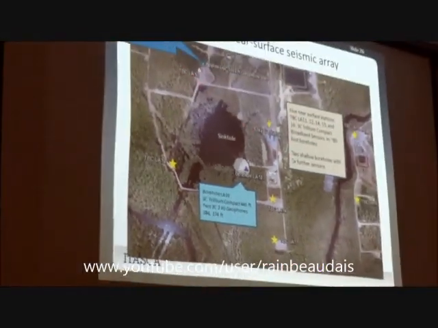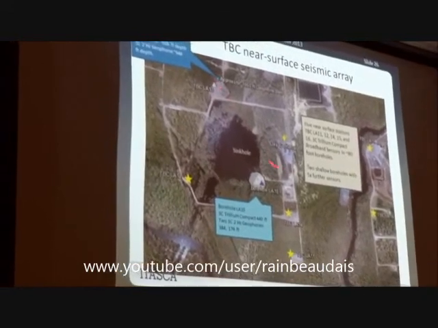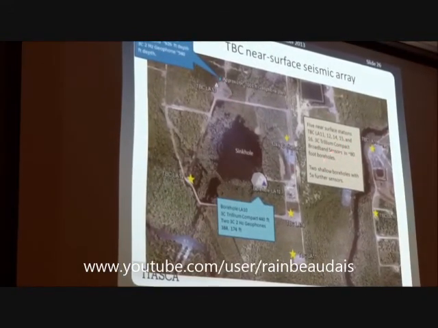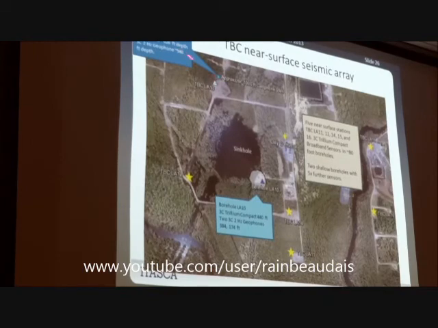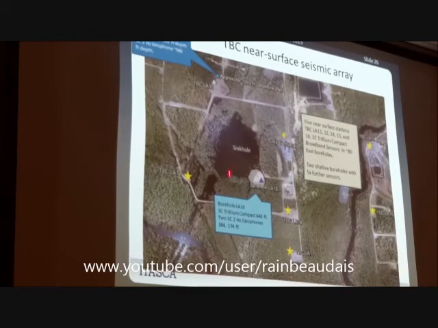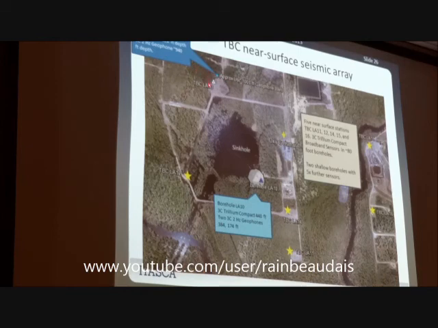These 5 sensors are installed at 80-foot depth. There are also 2 deeper wells, one at 450-foot depth with 3 sensors in, and one at 1,000-foot depth with another 2 sensors. And all these instruments are focused on the near surface, as I say, about 500-foot depth and above.